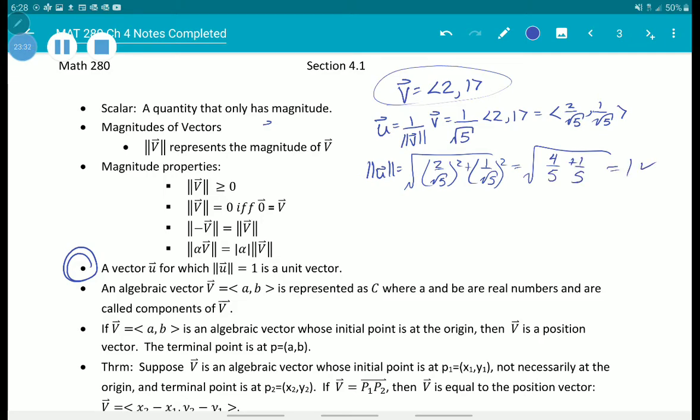But that's always going to happen. Unit vectors have nice properties that we will talk about later in the course.